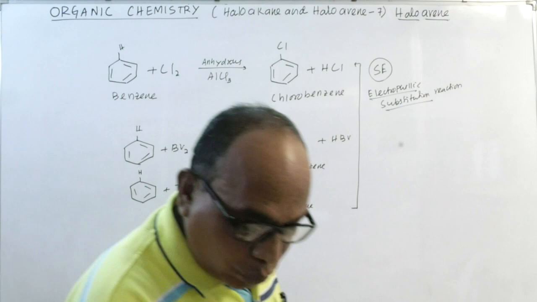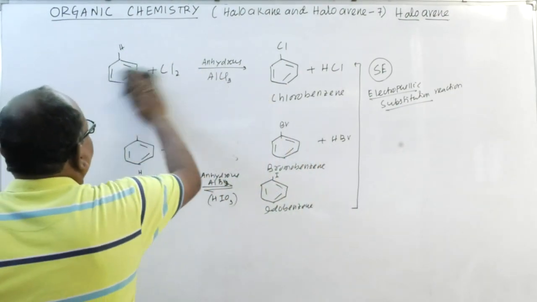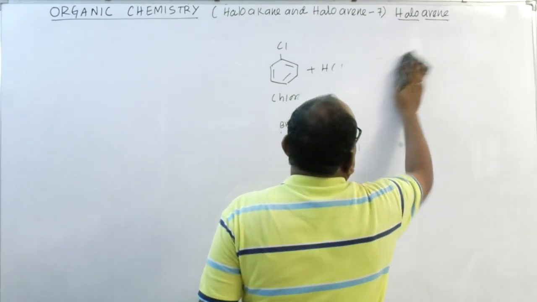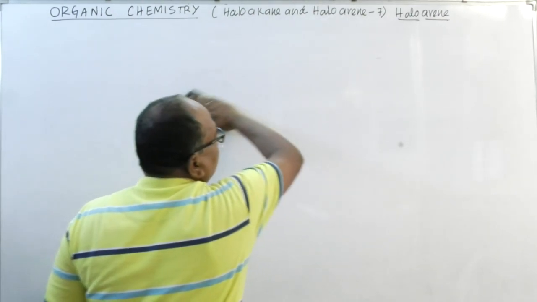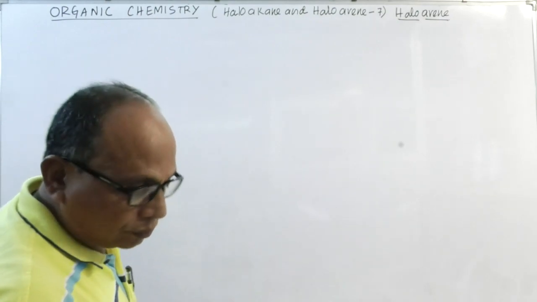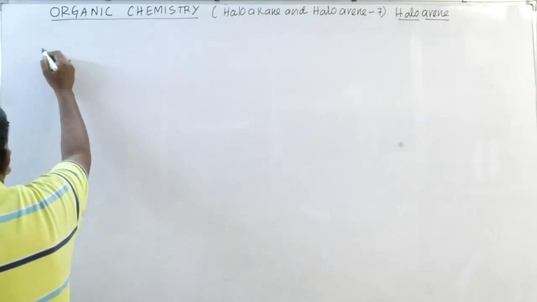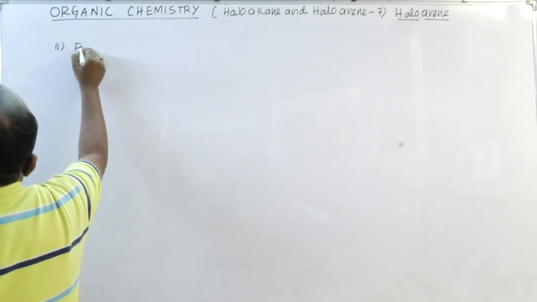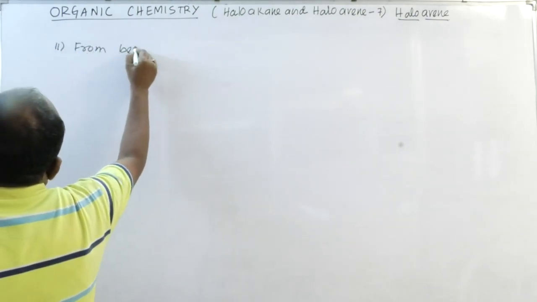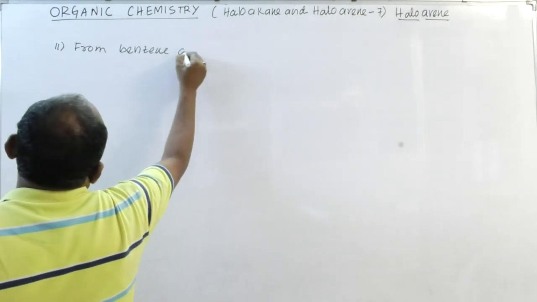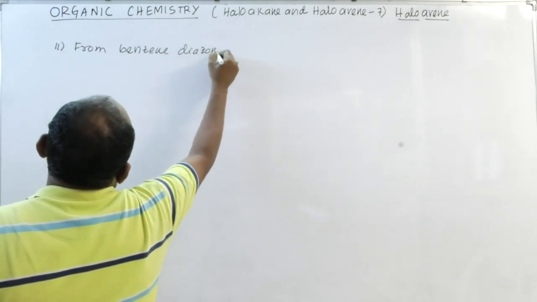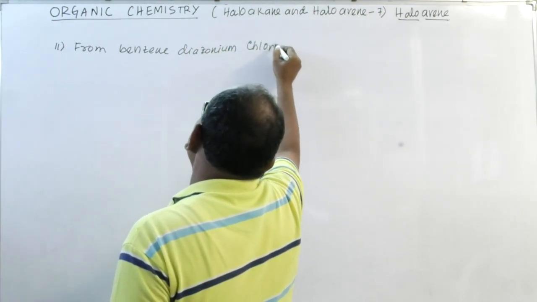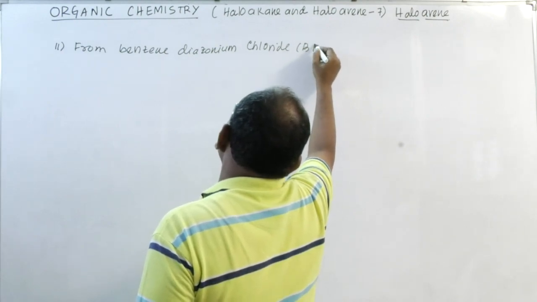Okay, next we come to the method of preparation of haloarenes from benzene diazonium chloride, that is BDC.